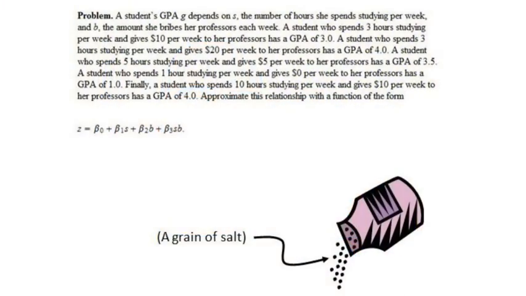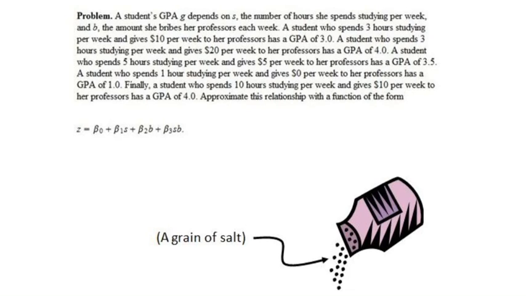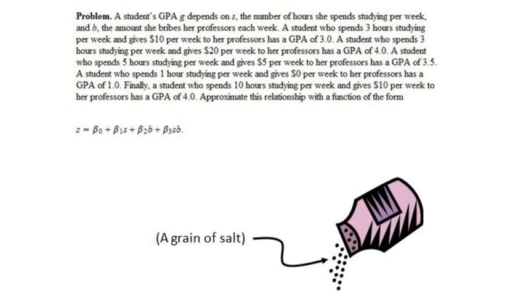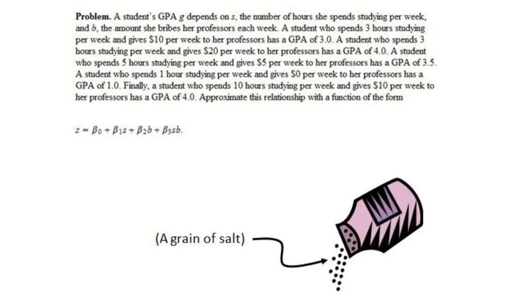And so let's consider the following problem. I'll let you read through most of this, but essentially what's happening is that the GPA, G, depends on two variables here, and so the variables that I chose were S, the number of hours spent studying per week, and B, the amount of bribes that she gives.